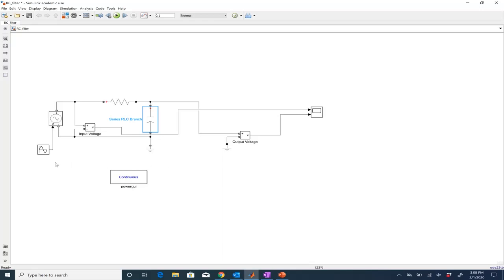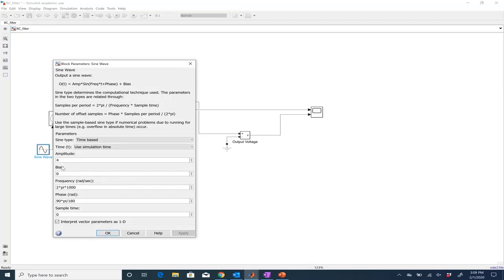Before I do that, one thing I want to look at real quick is this voltage source. Basically what controls this voltage source is this thing right here, this sine function. If I double click on that, I see that I can set the amplitude. That's 4 in this case. Bias is something we're not going to talk about right now.